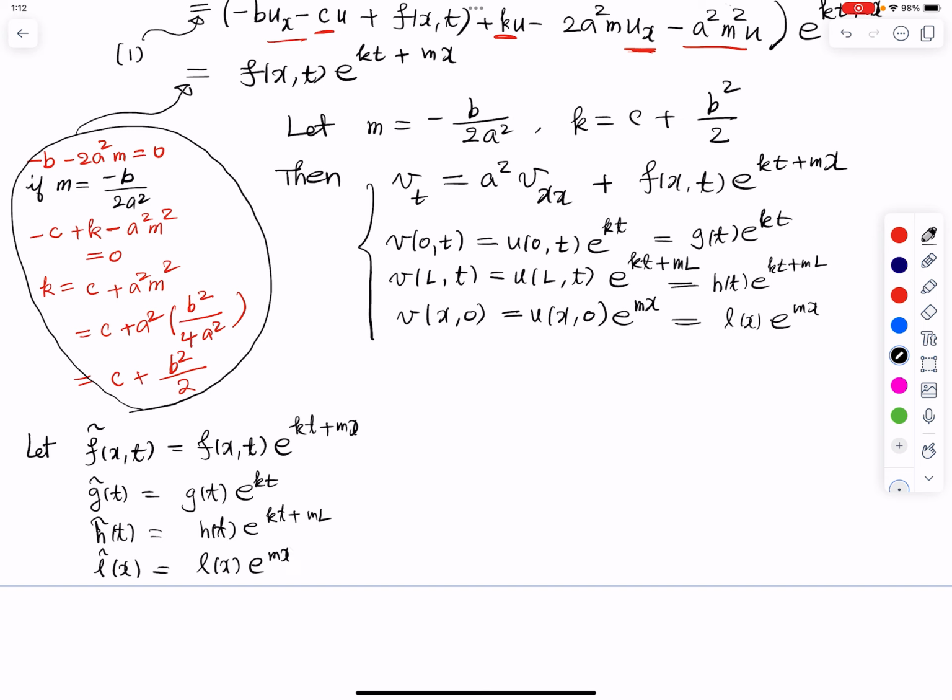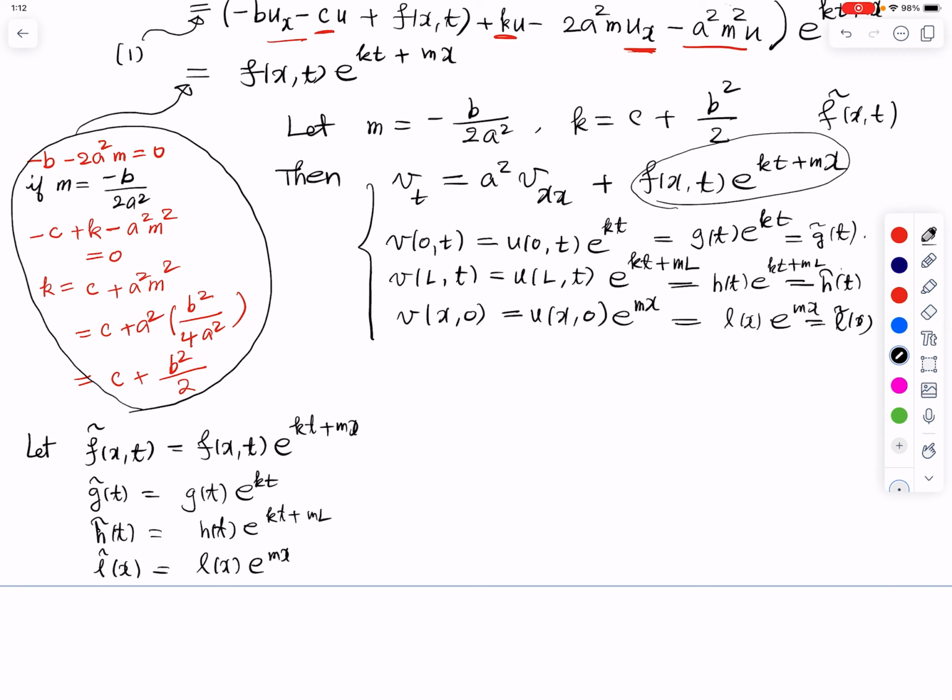Then this is g tilde t, h tilde t, this is L tilde x, and this guy is f tilde xt. So this is exactly the same form as in the previous lecture.